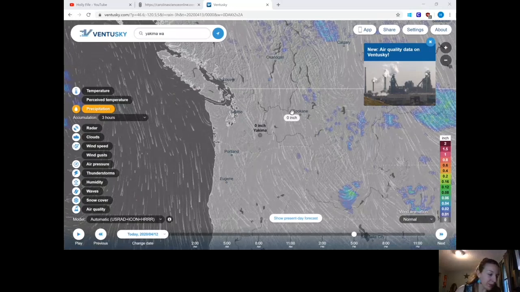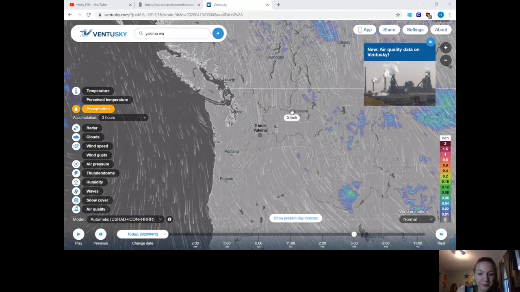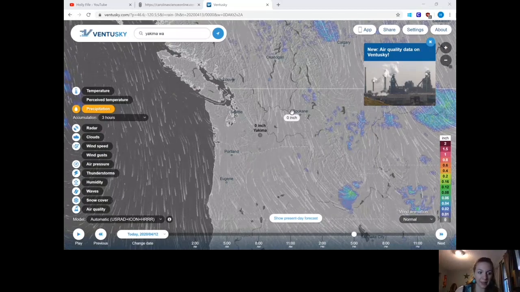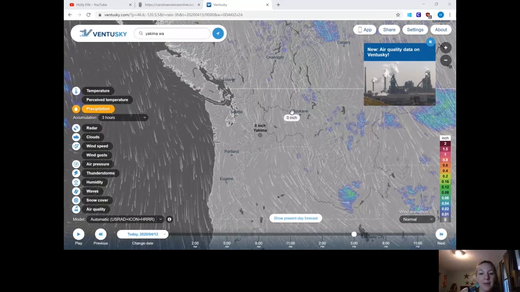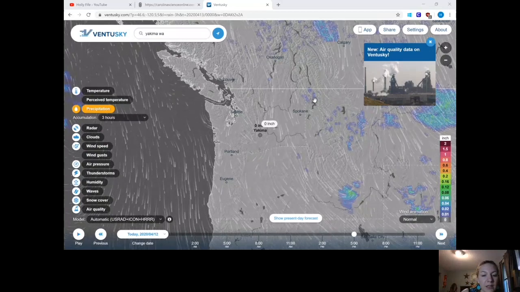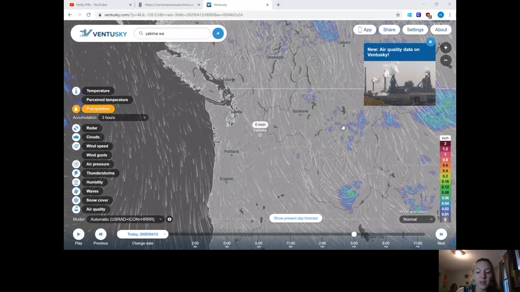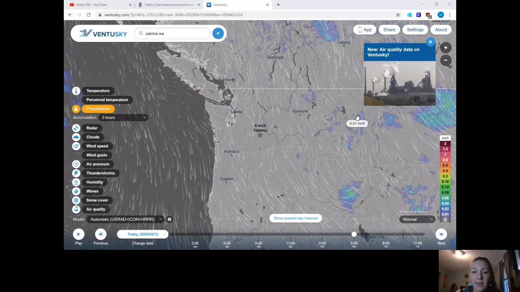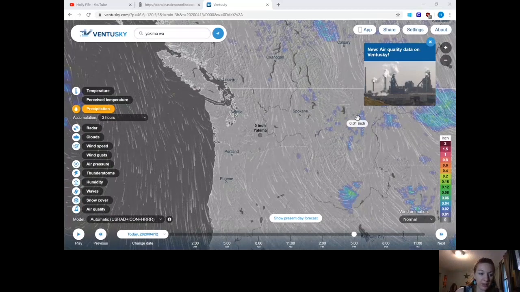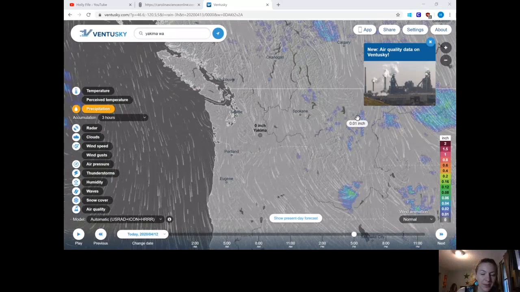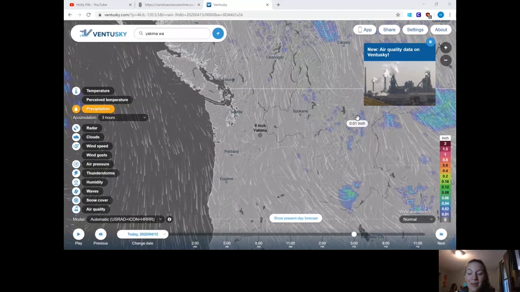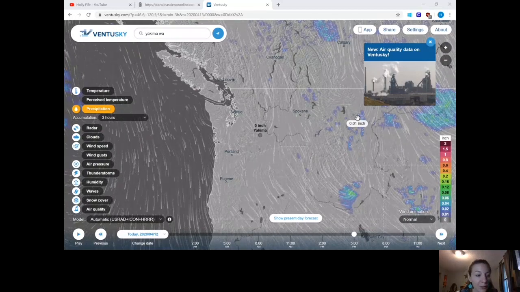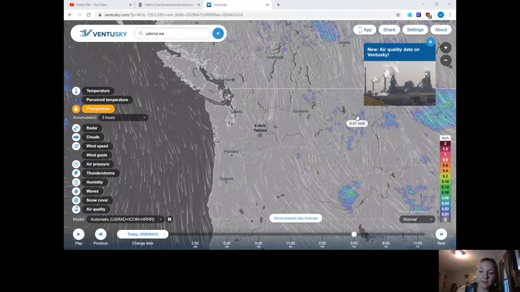So we could probably predict, depending on which exact second we measure the wind, it could be coming a little more from the east over here or a little more from the west. So I really like this map just to show you guys that although we're really close together, the weather can be very different depending on exactly where you're located.